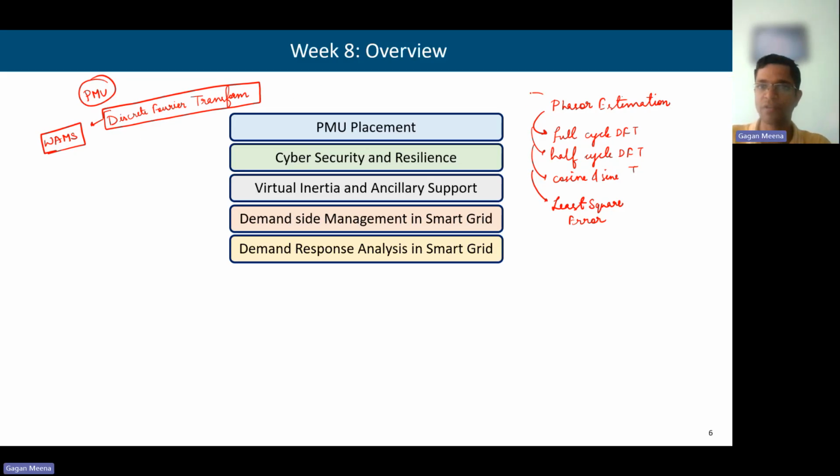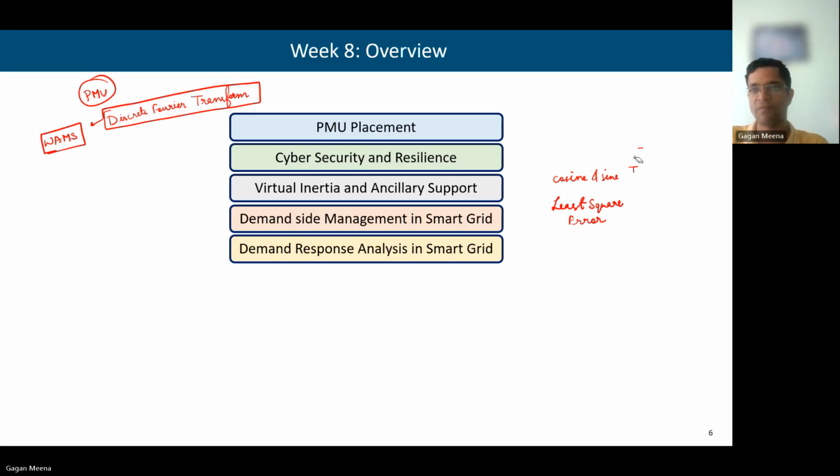So this is the work of the PMU. PMU will do the phasor estimation. Now, we would like to have the voltage and current phasor for each and every bus, right? But if you want to place PMU at each and every bus, then it's a very costly affair.